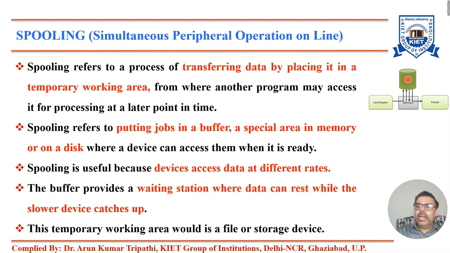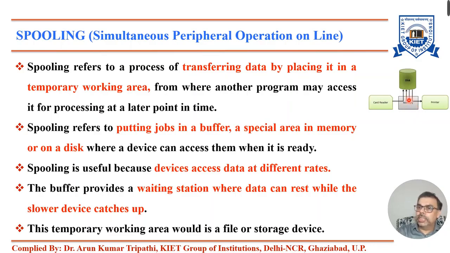So the hard disk will store the data from the card reader, and whenever there is a need to perform some operation, the data is brought from secondary memory to primary memory and executed by the processor.